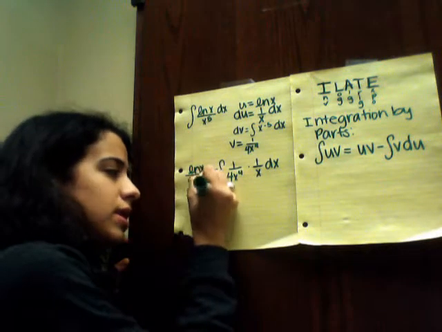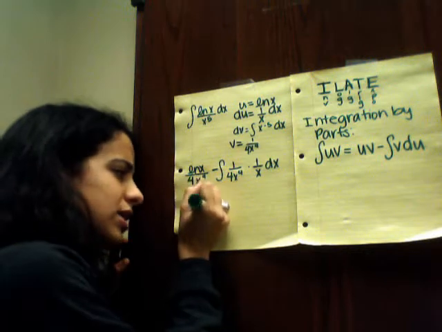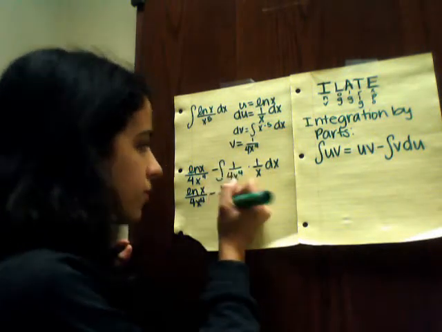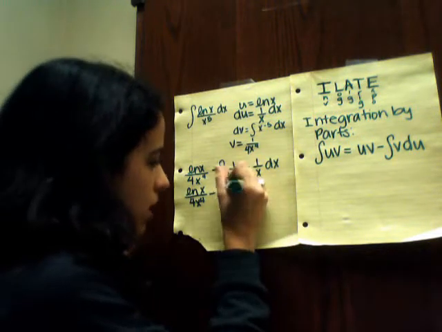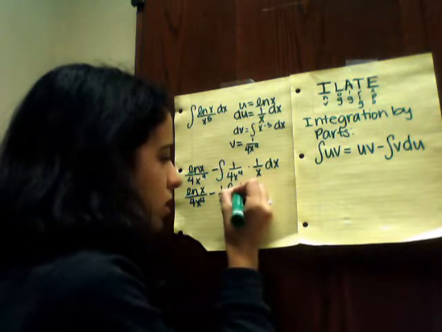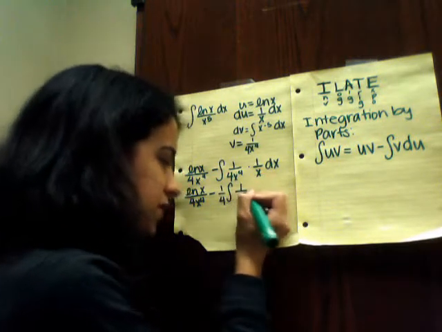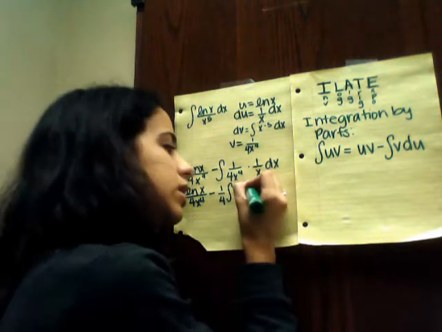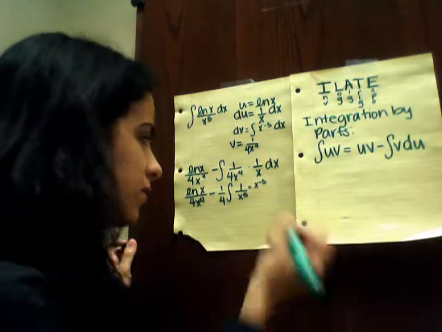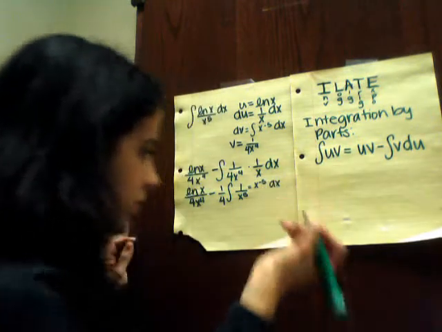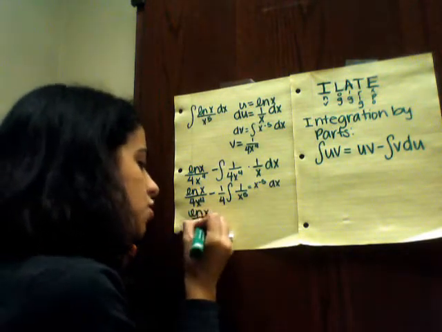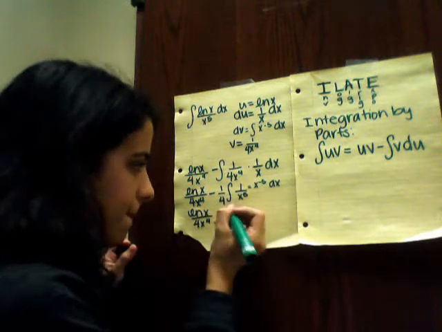So what we're going to be left with is ln x over 4x to the 4th minus 1/4 times the integral of 1 over x to the 5th power, which can also be rewritten as x to the negative 5th power, dx.